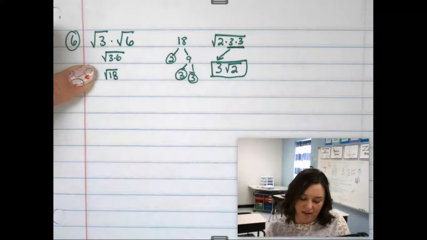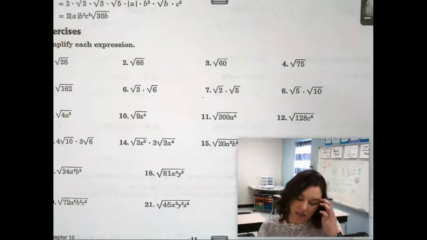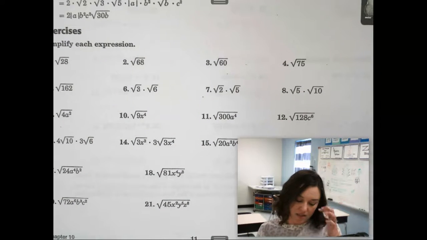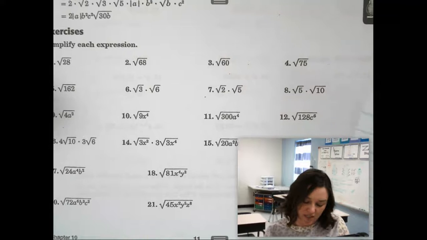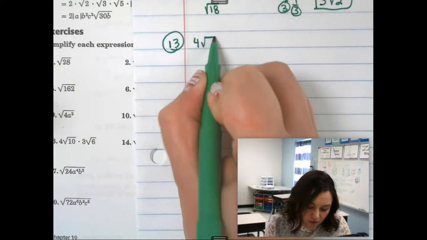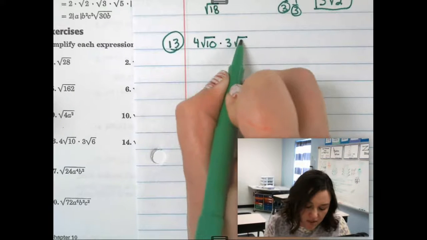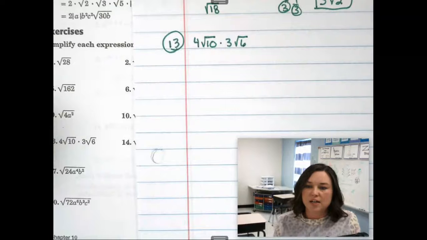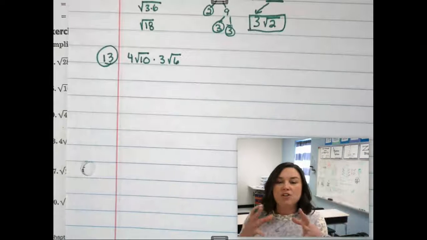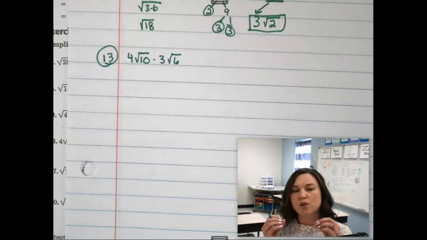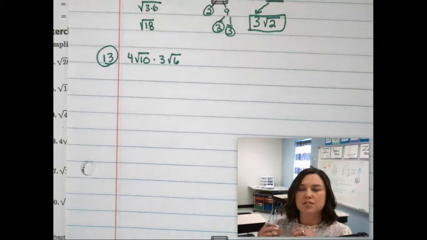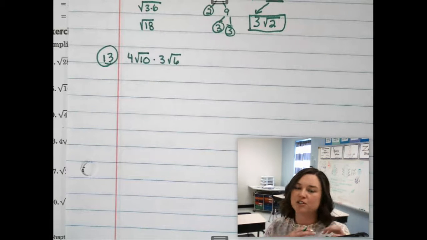Now let's look at number 13, because number 13 is a little bit different here. Number 13 is 4 square roots of 10 times 3 square roots of 6. Now, we can use that rule for when they're under the square roots, but we can't put things that are not under the square roots together.